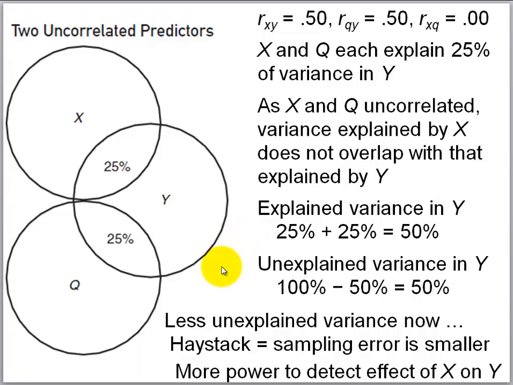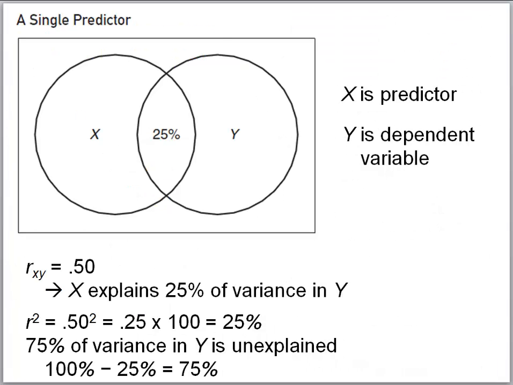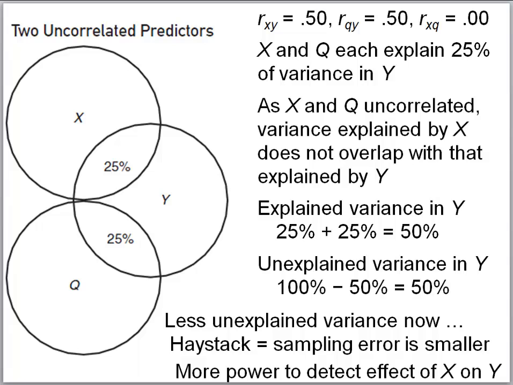Now, I forgot to mention in the prior slide, 75% of the variance in y was unexplained. So here's a quick glance backwards. Here you are seeing the 75% of the variance in y that is unexplained by x. Back again, and here the unexplained variance is 50%.